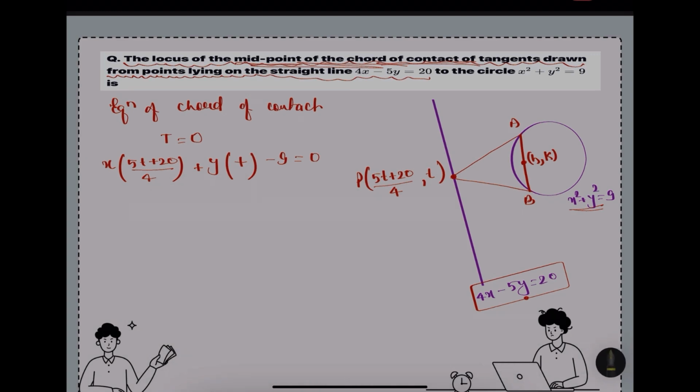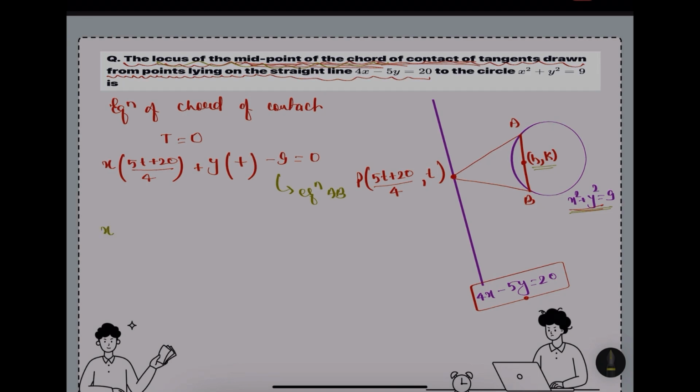Now look at this, the locus of midpoint of the chord. So now I am interested, here also it is the equation of AB. Now I am interested in finding the equation of the chord if the midpoint is given. So here it is the midpoint, here it is the circle, so we will find the equation of the chord whose midpoint is h comma k.